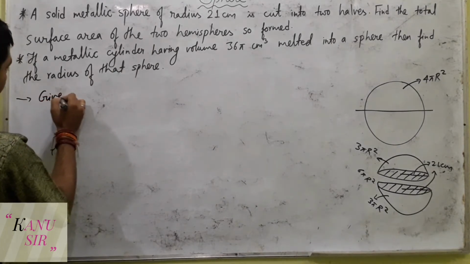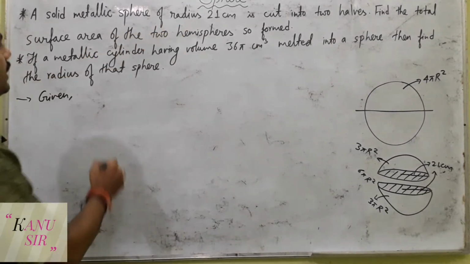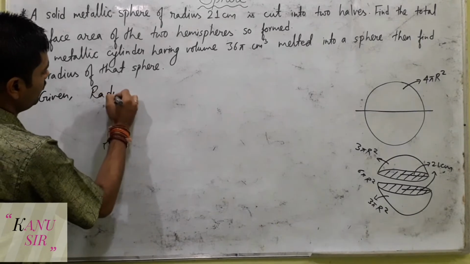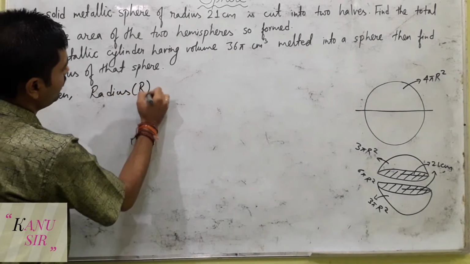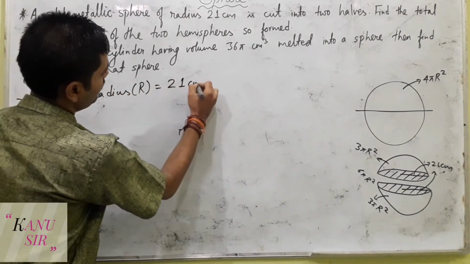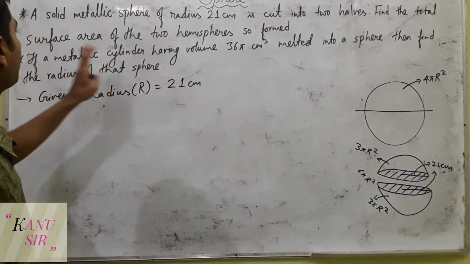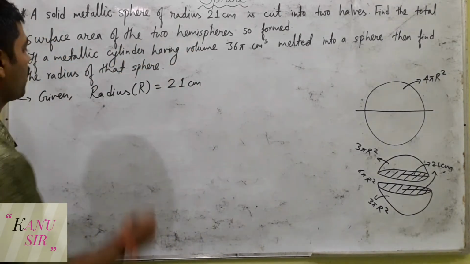Given the radius r is 21 centimeter, and now find the total surface area of the two hemispheres so formed.